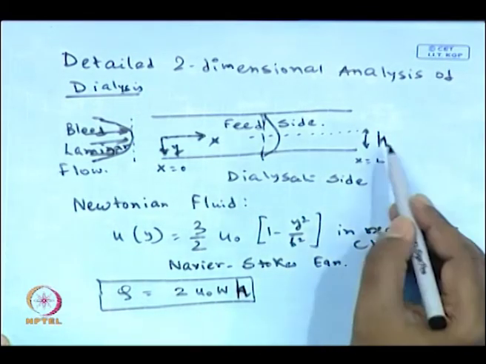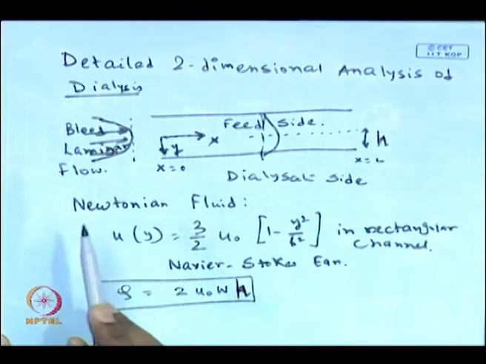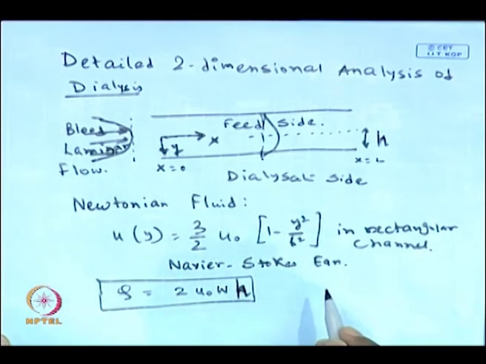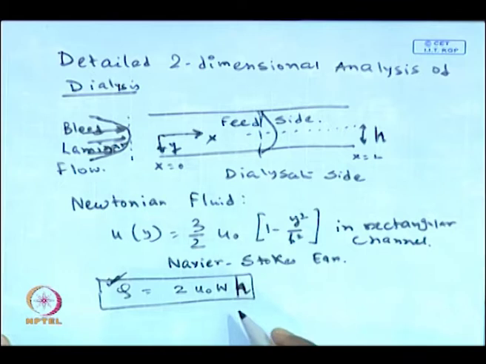We wrote small h as the half height, so W times 2h will be the full cross sectional area, which is normal to the direction of the flow of the material. So, you can put a rotameter in one of the lines and measure the flow rate, and divide the flow rate by the cross sectional area, because the channel geometry etc. are known to you. So, you can estimate the value of u naught. Okay.